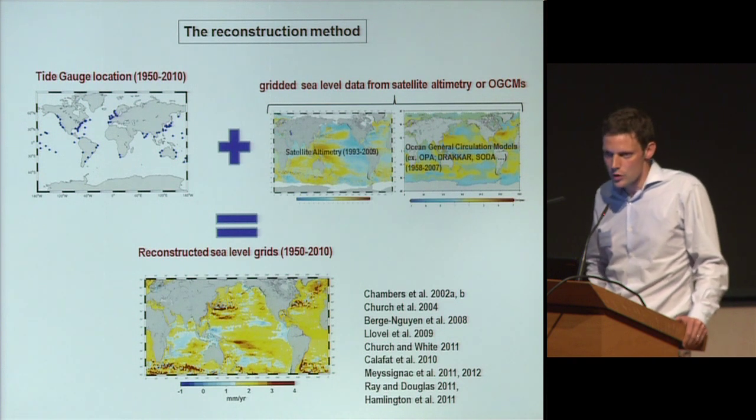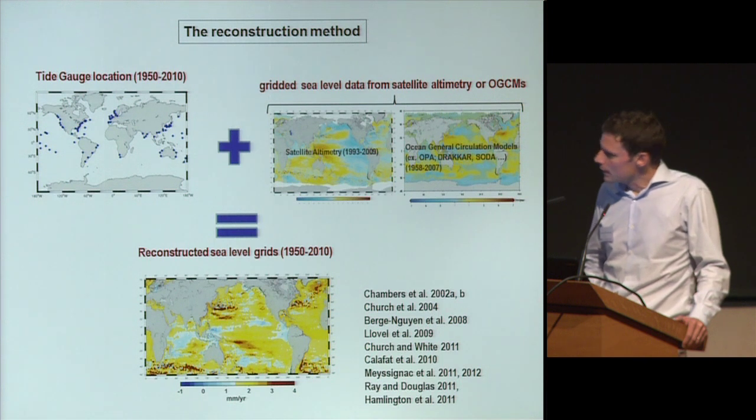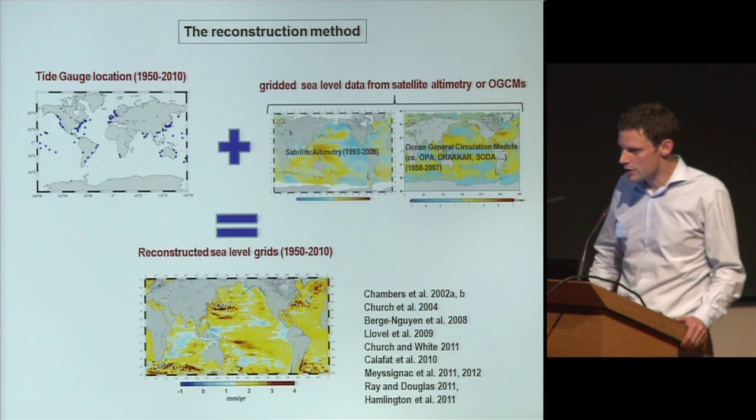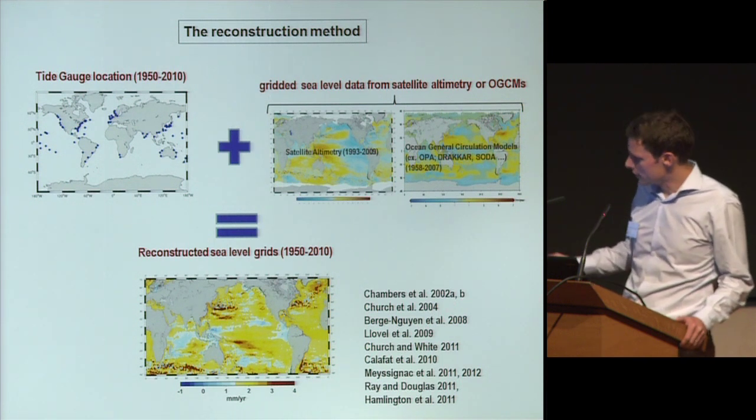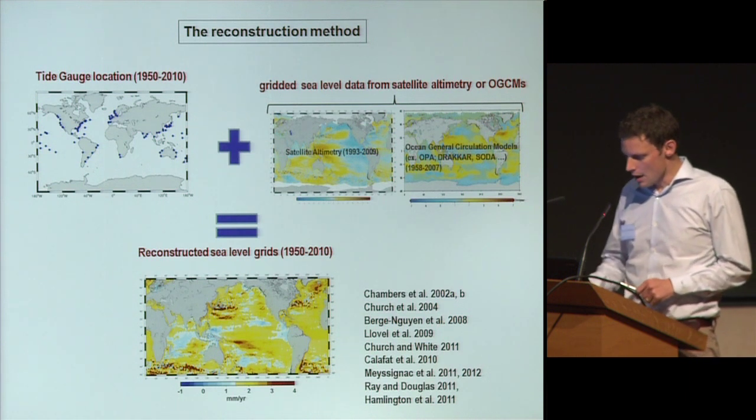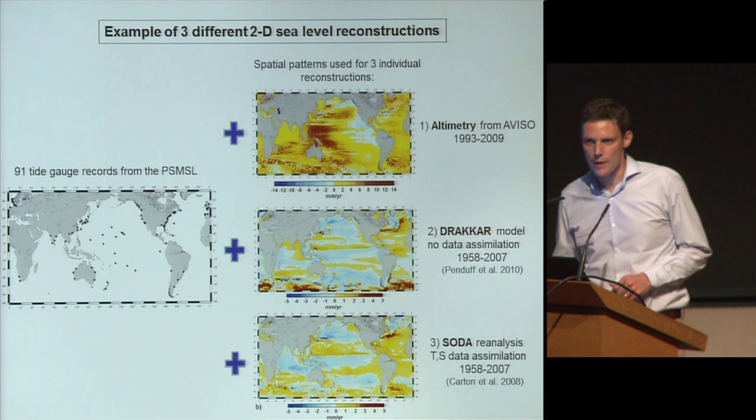It gives as an output a 2D sea level over the past 6 decades, for example. It has been extensively studied in the recent literature since 2000. I propose here to give you an overview of this method.